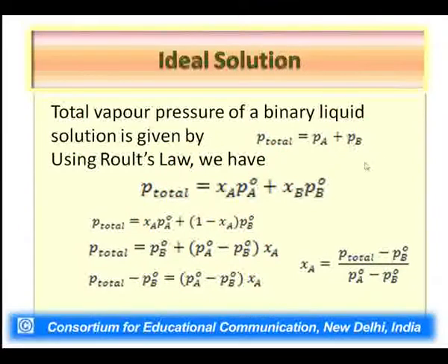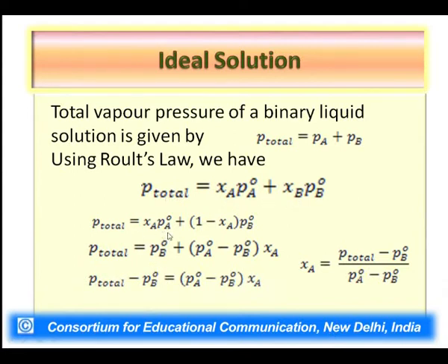Total vapor pressure of a binary liquid solution is given by the equation P total equals PA plus PB, that is, partial vapor pressure of component A plus partial vapor pressure of component B. We know from Raoult's law that PA equals XA PA naught and PB equals XB PB naught, which we discussed in our first lecture in the solution chapter. So, we substitute these two values from Raoult's law. P total equals XA PA naught plus XB PB naught.